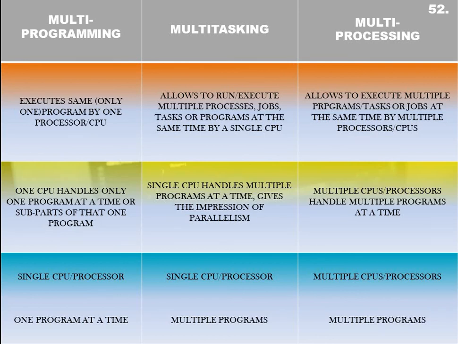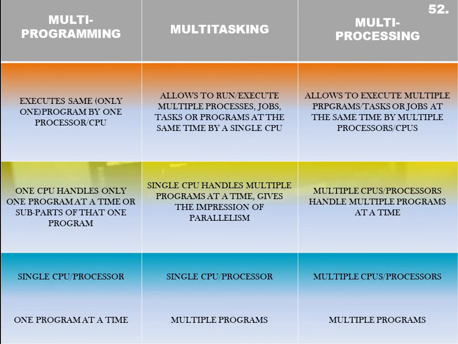The CPU can handle the subtasks of one program and the subtasks of another program, then the subtasks of another program intermittently. Means in multitasking, the CPU can handle multiple tasks of multiple programs at the same time, while in multiprogramming, the CPU can handle the multiple tasks of one program only at a time.